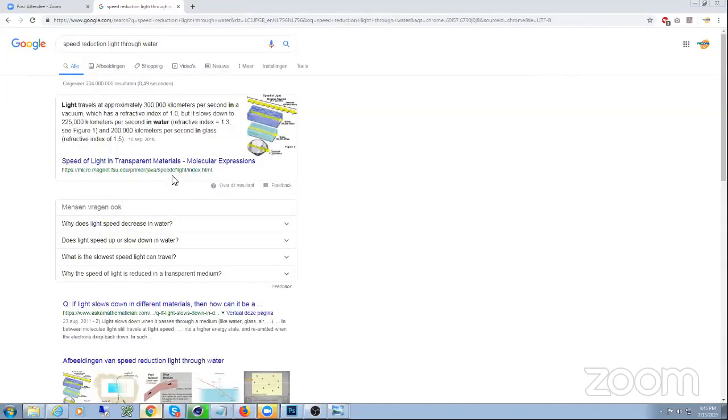So the speed through water is 75% of what it would be in a vacuum. And glass is actually now a third. It's 200,000 kilometers instead of 300,000. But getting a 3 or 2 meter solid piece of glass, good quality, impossible. Yeah, and just demineralized water would be the easiest solution, I think.